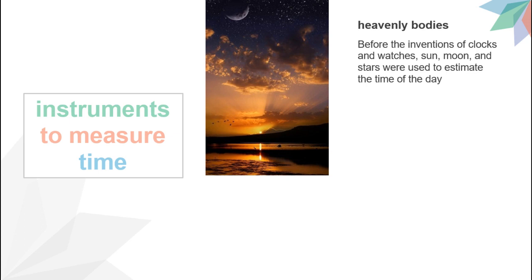They observe the movement of these heavenly bodies. When the sun is directly overhead, that is called noon time, the peak, which is 12 o'clock. So they estimate the time of day through the movement of the sun, the moon, as well as the stars.